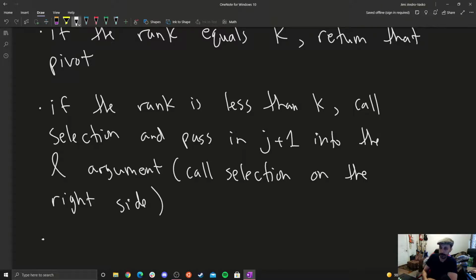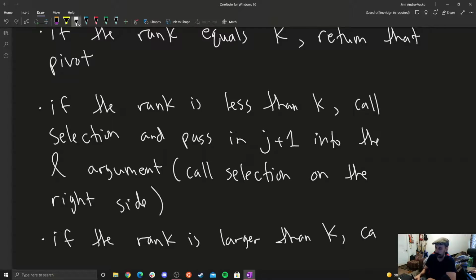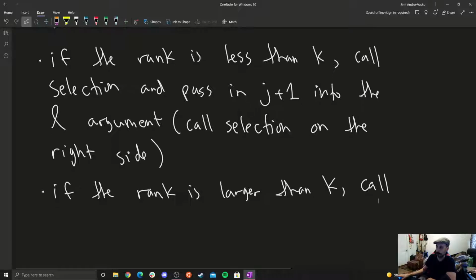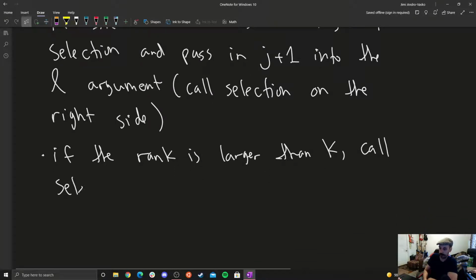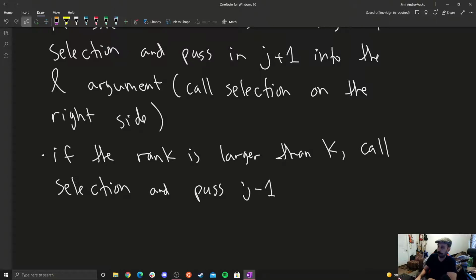And then else, so I guess the else case, or just another if statement, I suppose. If the rank is larger than k, then call selection and pass j minus 1 into the R argument.